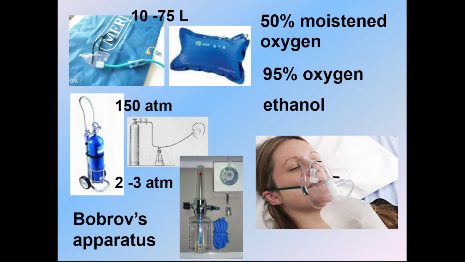And one other piece of information. If you remember, we spoke about bronchial and cardiac asthma. Bronchial asthma is caused by spasm of the bronchus, and we can give the patient usual moistened oxygen. But the patient with cardiac asthma has a problem due to filling of the alveoli with blood.